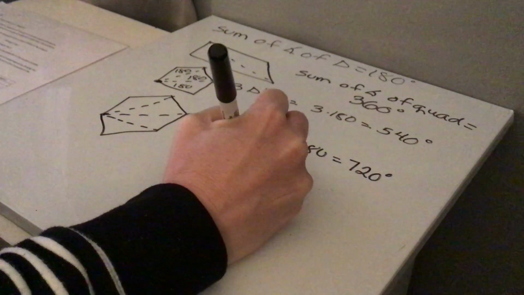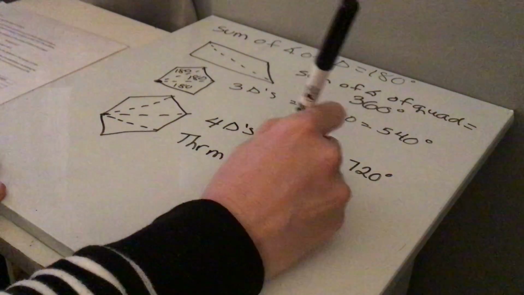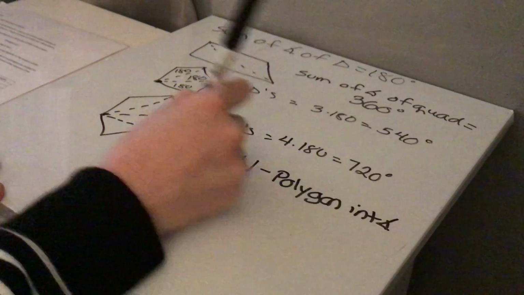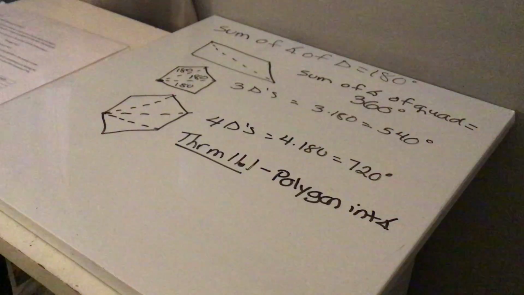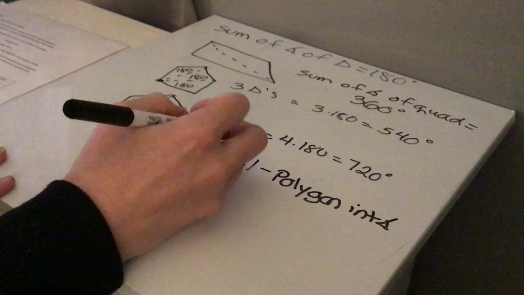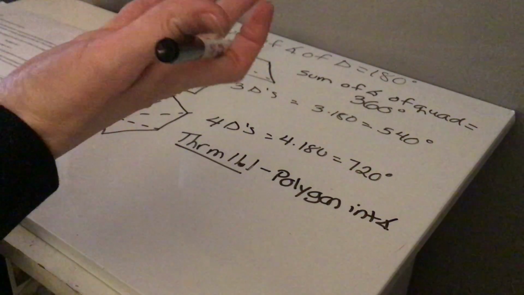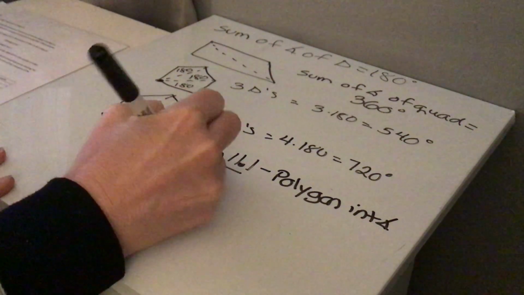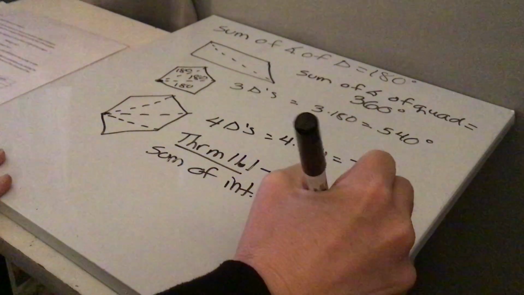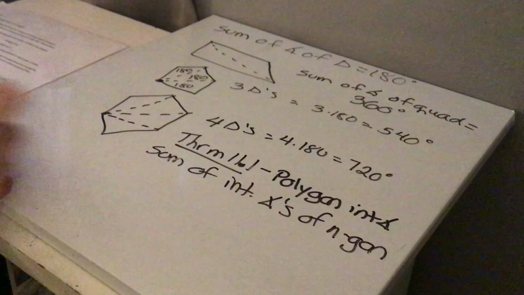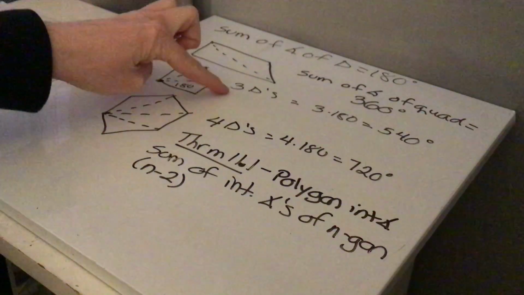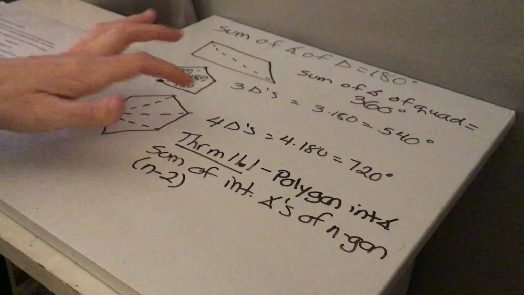which tells us this polygon interior angles. Okay, and what it says is that the sum of the measures of the interior angles of a convex n-gon, so an n-sided polygon, is going to be n minus 2, because if we look here, there are 5 sides, 3 triangles, 6 sides, 4 triangles.